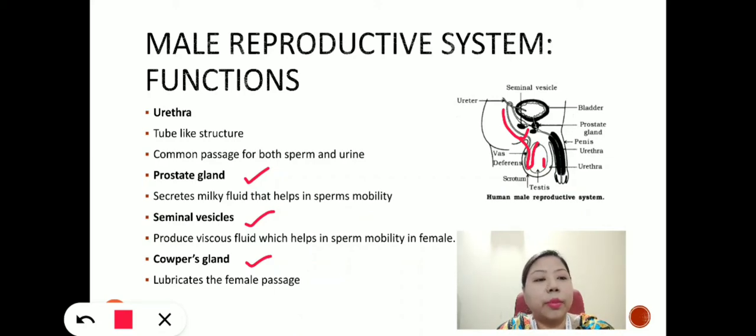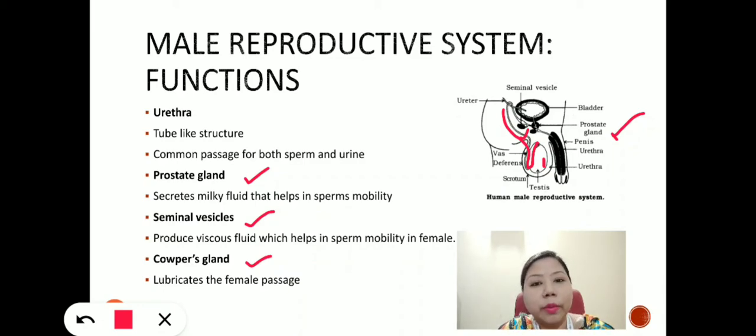On the way, the prostate gland will secrete a milky fluid that will help in sperm mobility. That means it will help the sperm to move easily.